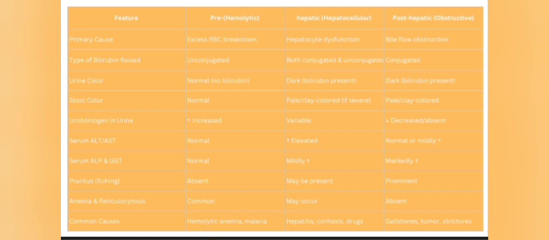The next clinical picture is about the point of itching. In case of obstruction, what occurs is the conjugated bilirubin level increases, and when that conjugated bilirubin appears in the skin, that causes skin itching.